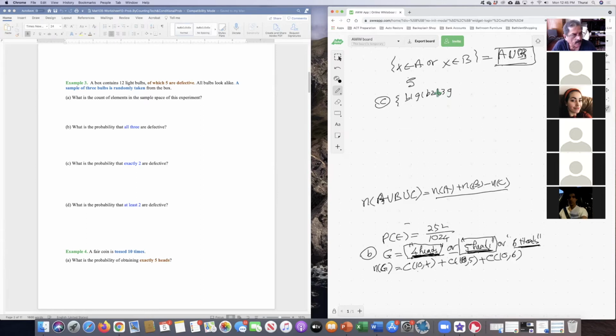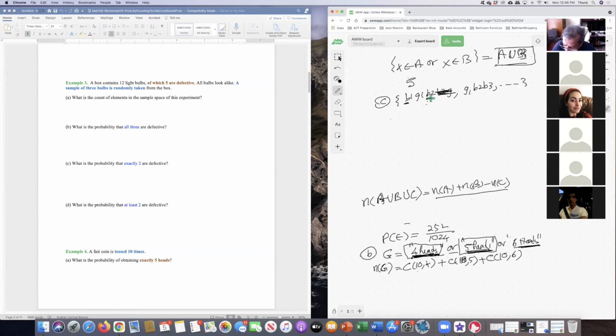So 2 bad ones have to be there. All right, so this is one example, and the other one is G1, B2, B3. So we need to count how many of these there are. Counting how many ways there are to select 2 bad ones.